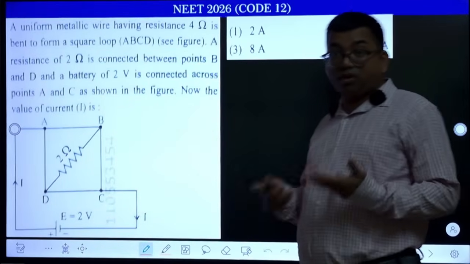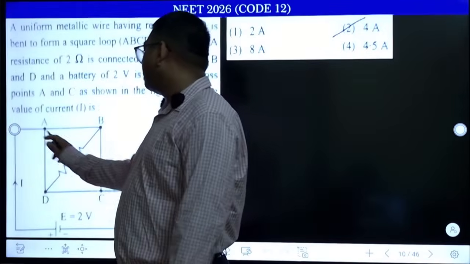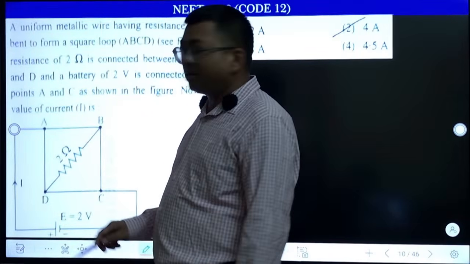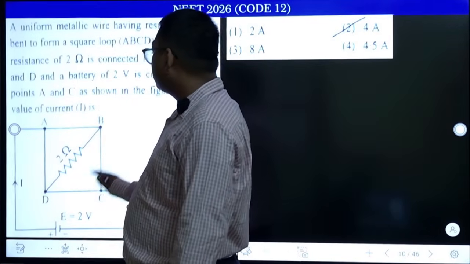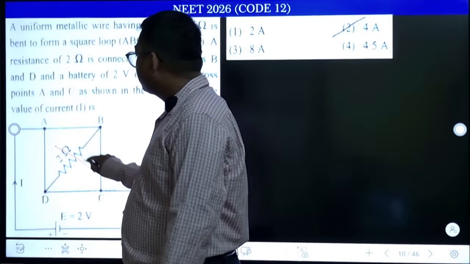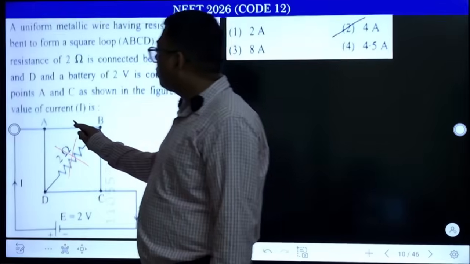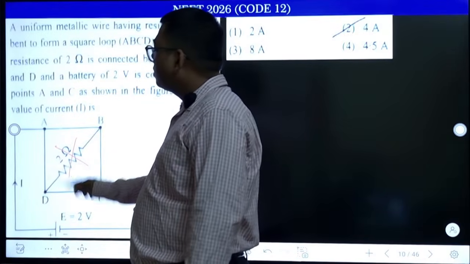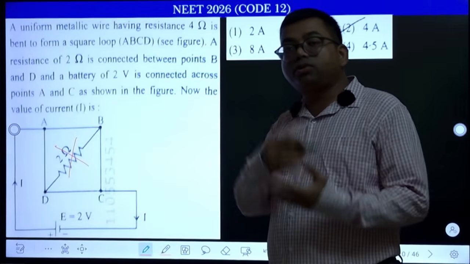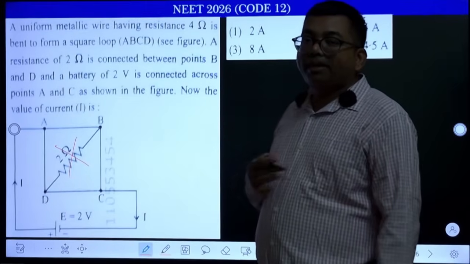You can clearly see that it is a balanced Wheatstone bridge, because it is symmetric. So the middle branch can be cancelled out, nothing is going to happen in it. So 1 and 1 become 2 in the upper branch, and 1 and 1 become 2 in the lower branch. They are parallel, so the two 2 ohm branches in parallel become 1 ohm.